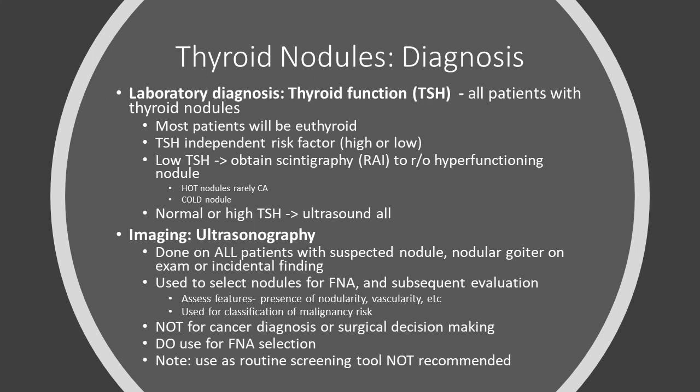So RAI uptake and scanning is helpful to identify a hyperfunctioning nodule. Your history is also probably going to lead you towards wanting to look for this if they are having tachycardia or weight loss, maybe some subtle symptoms if you dig in there that the patient didn't think to tell you. So just keep that in the back of your mind.